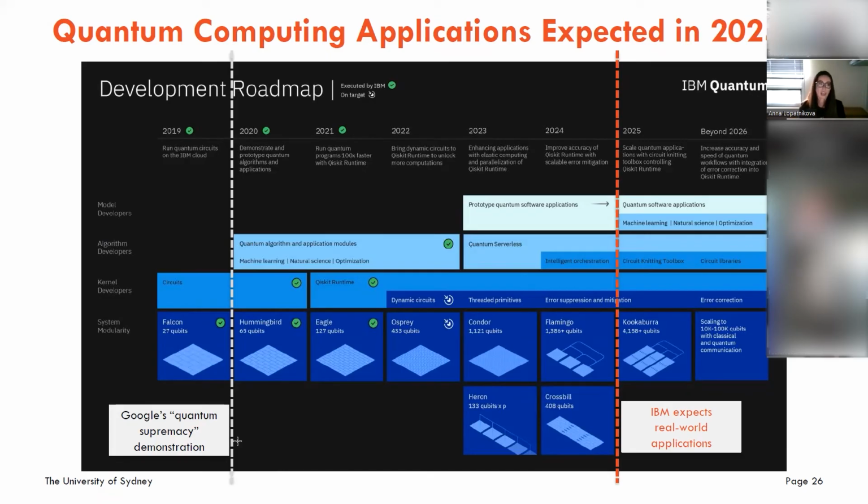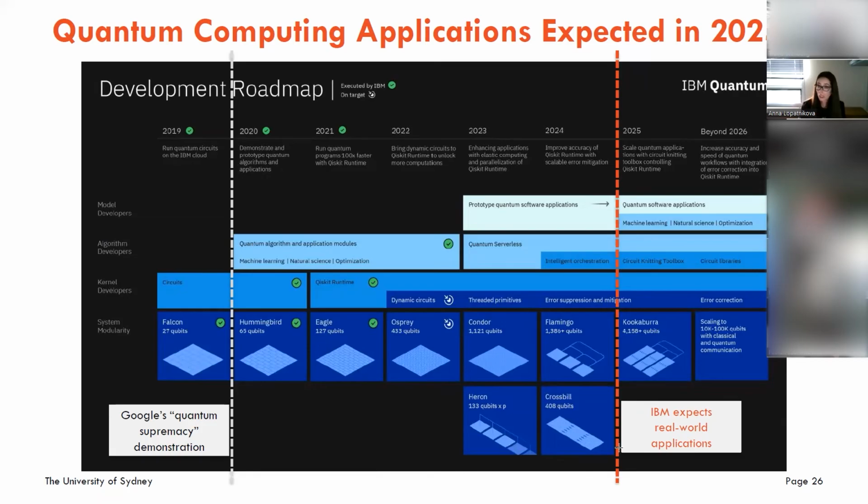Even though it was a bit controversial when Google announced it, and IBM came out and said you're exaggerating, in the end there is a consensus that Google actually did demonstrate quantum supremacy, except it was not on a practical task. It was on a toy model.